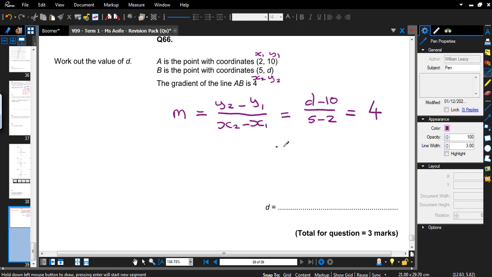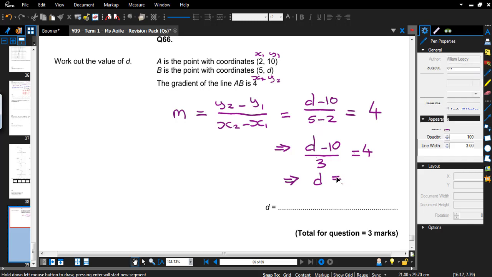That implies d minus 10 over 3 equals 4. Computer, don't do this to me now, we're nearly finished. Somebody can do this in their head.